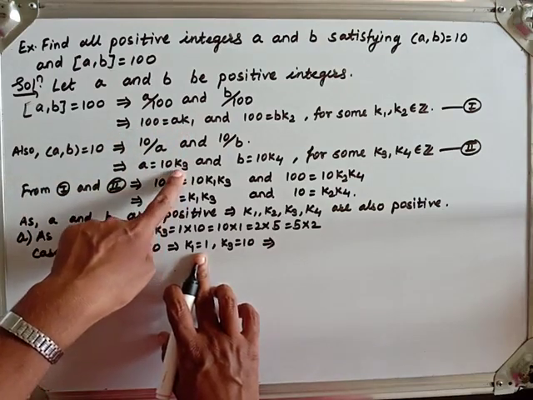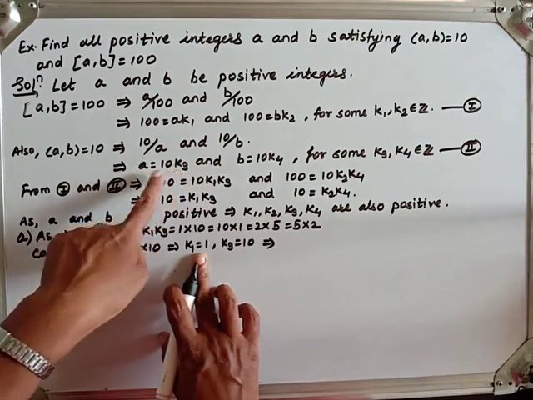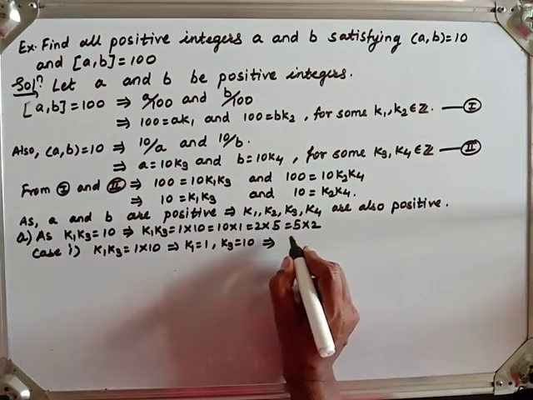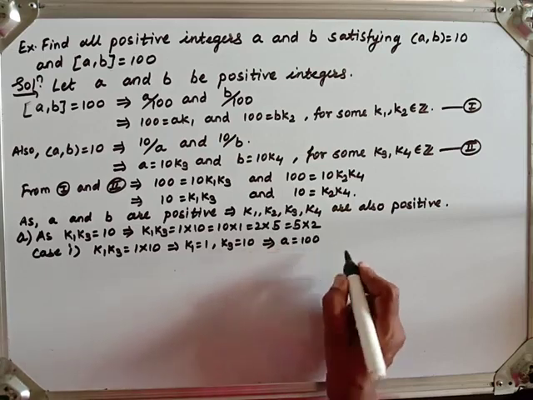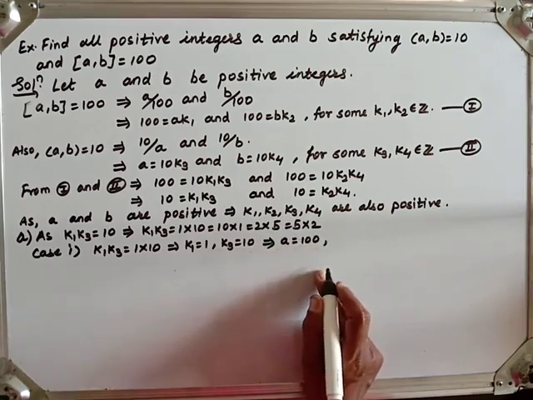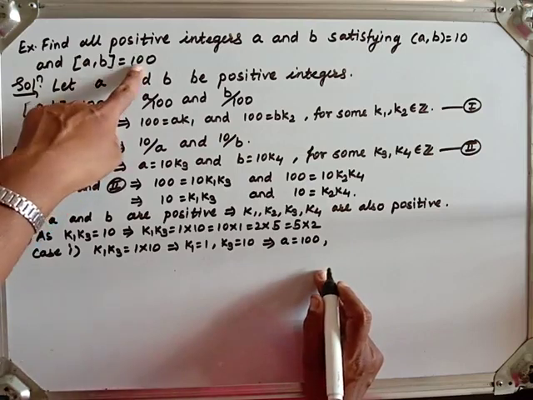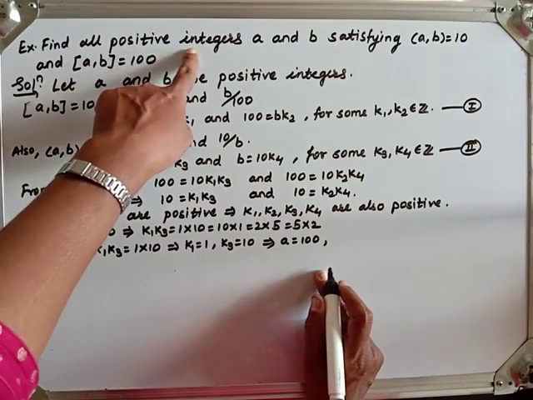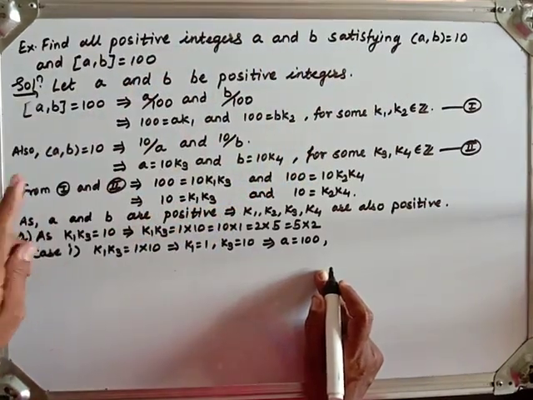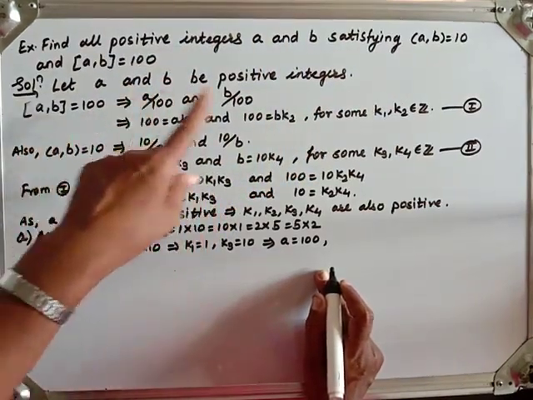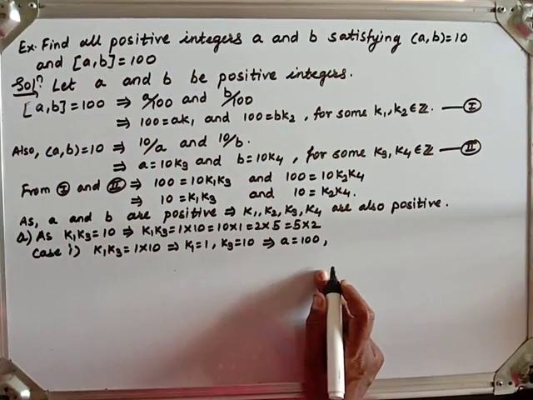Similarly here, if I put K3 is 10, A is equal to 100. Now we can get B. Actually, what is here? We have to determine the positive integers A and B such that the LCM is 100 and GCD is 10.